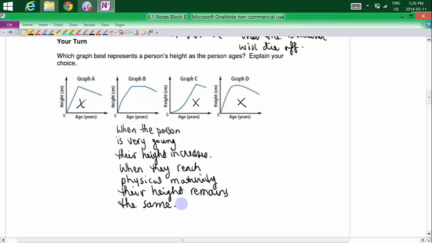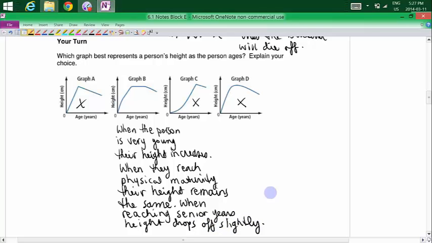When reaching senior years, height drops off slightly. Okay, so this ends our discussion.